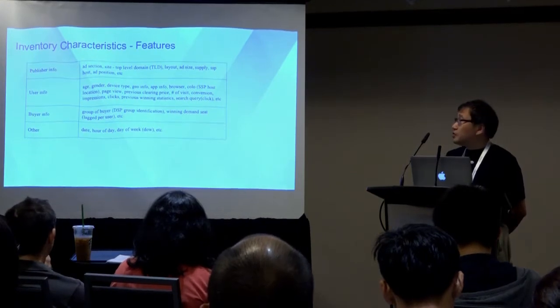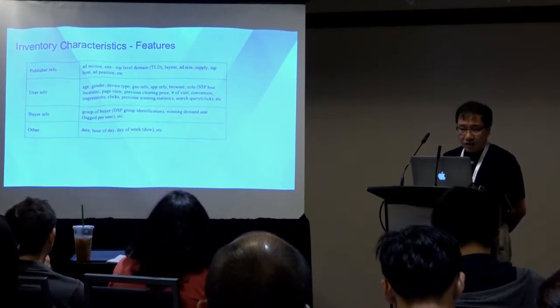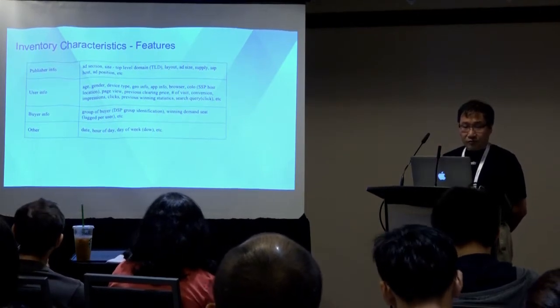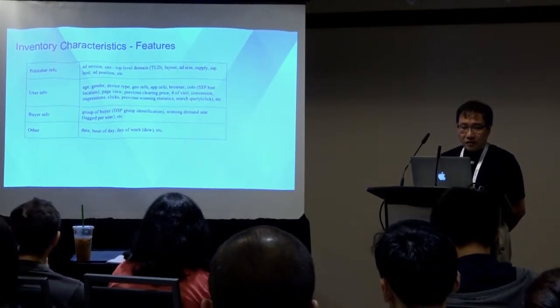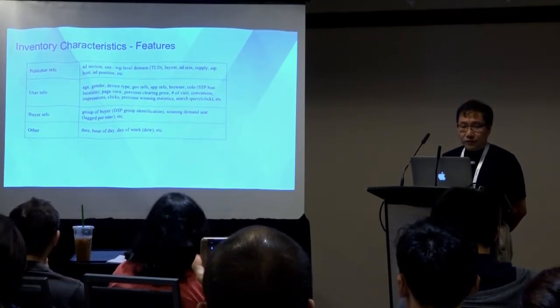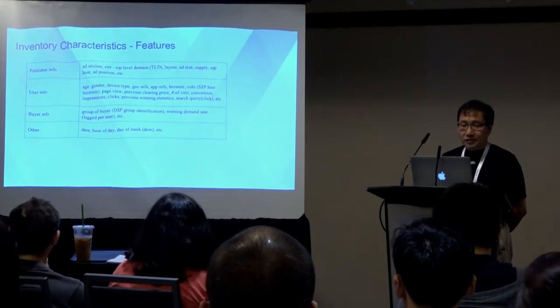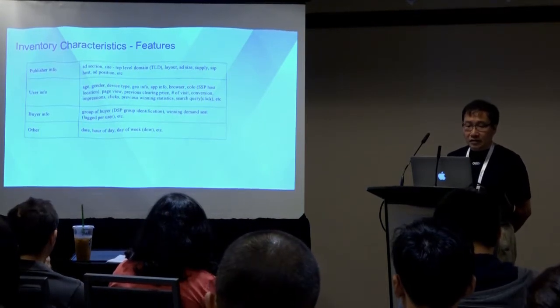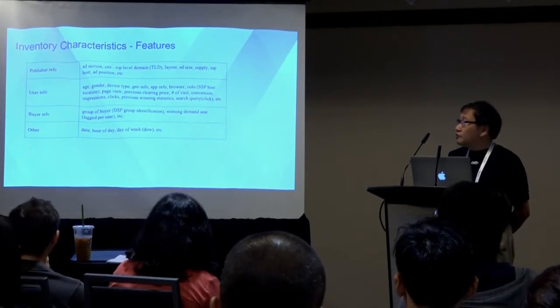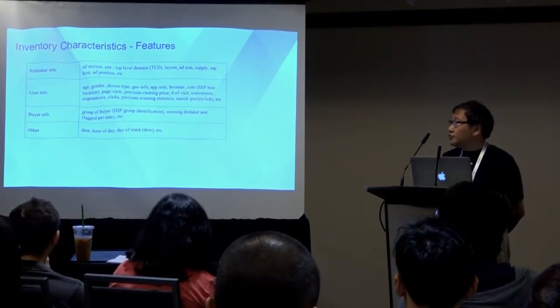Okay, those are the features we use here. We divide the feature types into three different scenarios. First the publishers, typically the site information, like the top level domains, layout, ad size, the SSP host and ad positions. And we also look at a huge amount of user information.